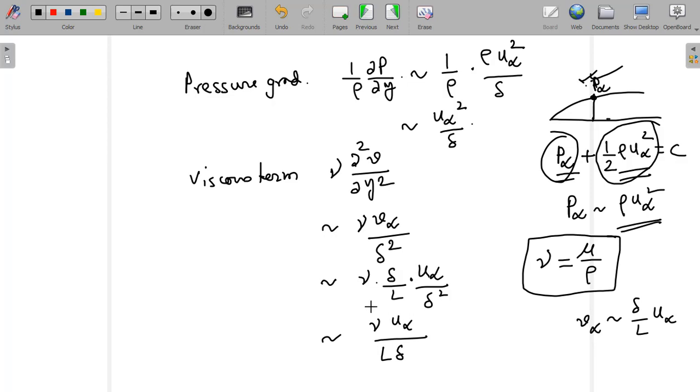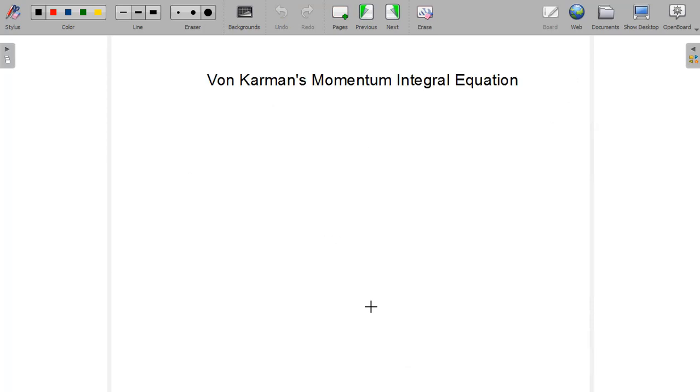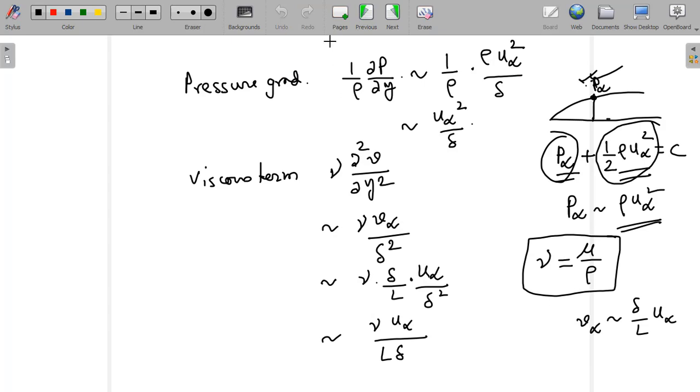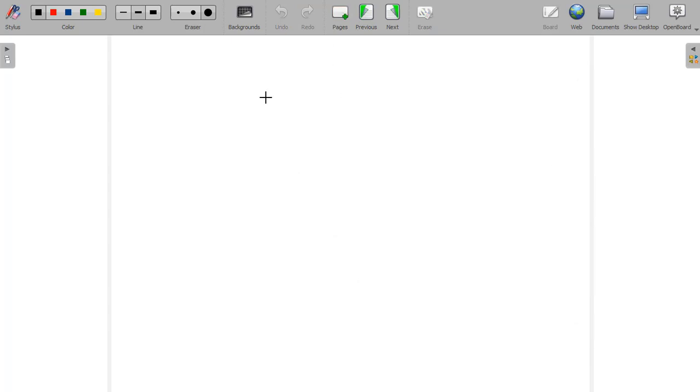So we have got the order of magnitude of three different kinds of force terms present in the y momentum equation. Now let us compare one particular term with respect to another term. Let us first compare the inertia term with respect to the pressure gradient term.